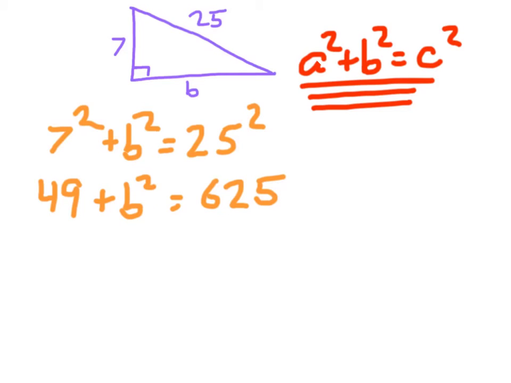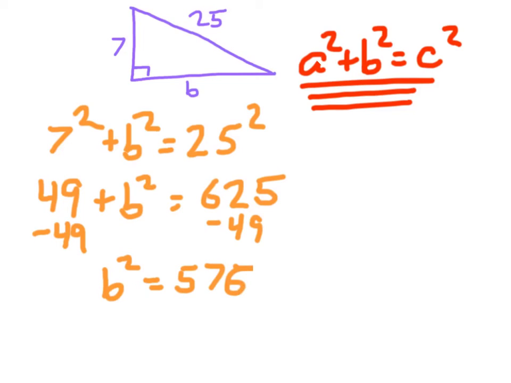Well, I still have to solve, so in this case I actually need to subtract 49 from both sides, which will give me B squared is equal to, and again, I guess I could work that in my head, but I really don't want to because it's late at night. I got 576. So if you're taking my word for it and writing this down, that's not good.